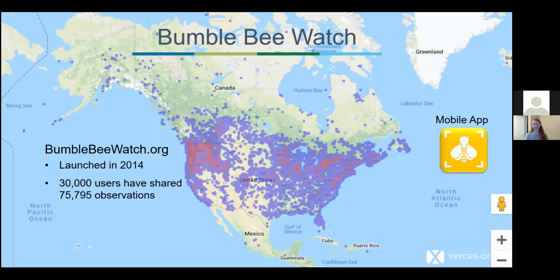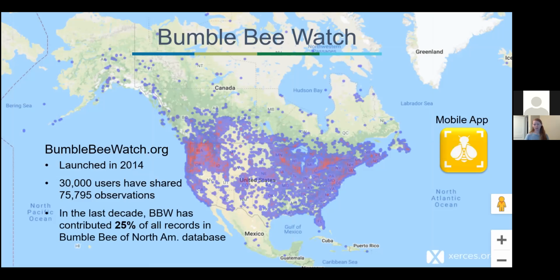And in the last decade, between 2010 and 2020, the observations from Bumble Bee Watch have made up 25% of that huge database. And so I think it's just really important to realize the powerful impact that community science can have on the larger research community.